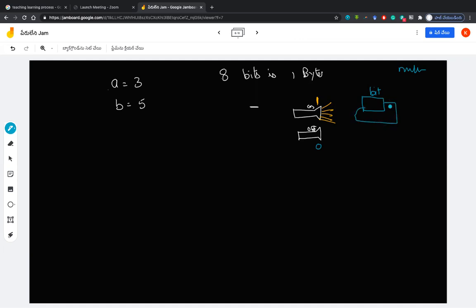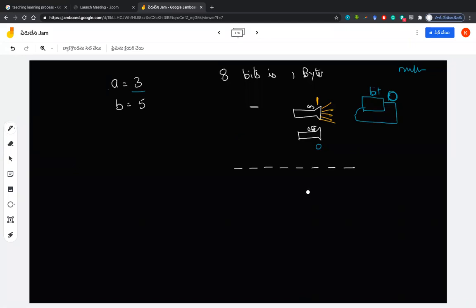If it emits electricity, then it is 1. If it doesn't emit anything like your torchlight, then it is said as zero. So for example, if I want to say it as 3, I will consider this as 8 bits. 1, 2, 3, 4, 5, 6, 7, 8.